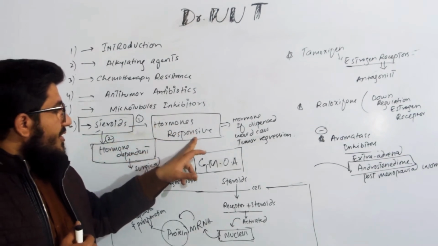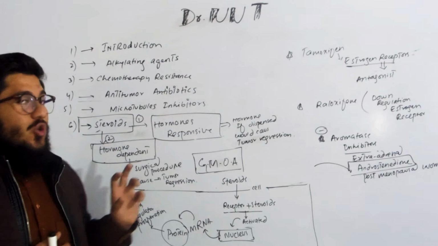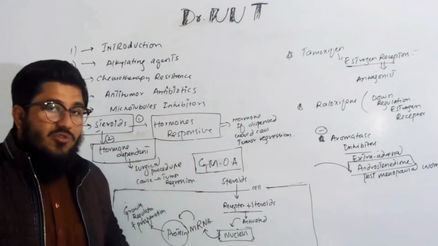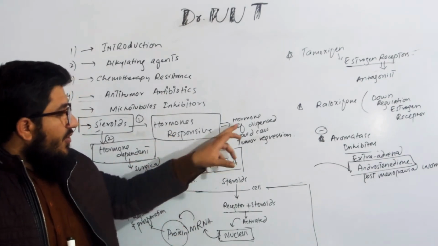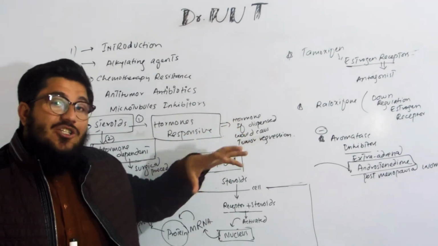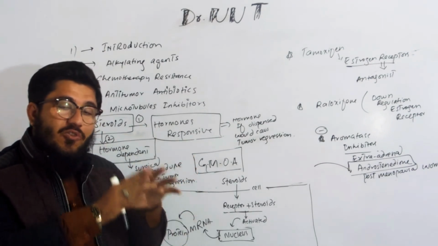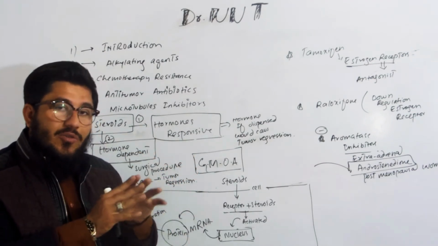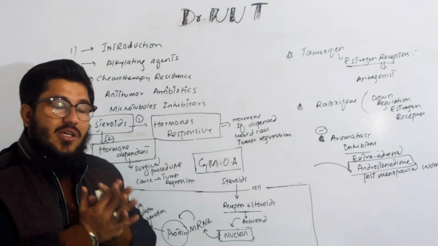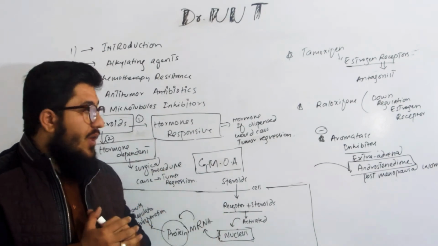So there are two types. One is a hormone responsive tumor, another is a hormone dependent tumor. A hormone responsive tumor is one in which, if the hormone is given, it causes regression of that tumor, meaning the tumor will be suppressed and its amount will decrease.